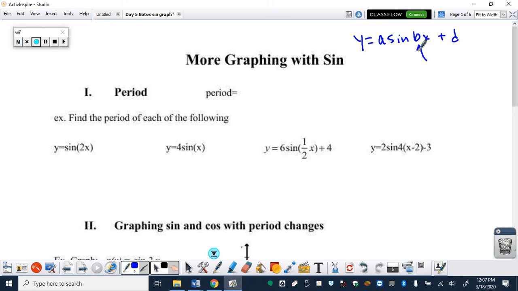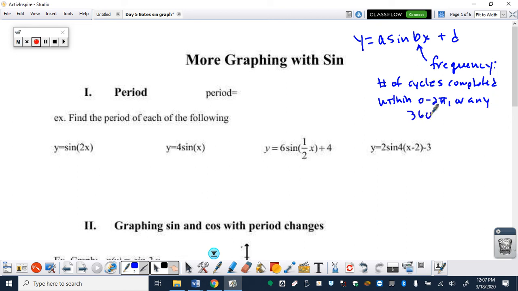The letter B is going to be replaced with a number, and that number is the frequency of the graph. The definition of frequency is the number of cycles completed within 0 to 2 pi or any other 360-degree interval.